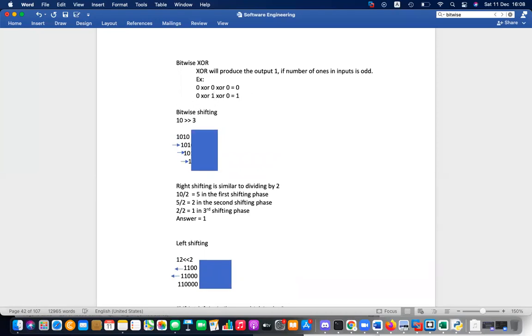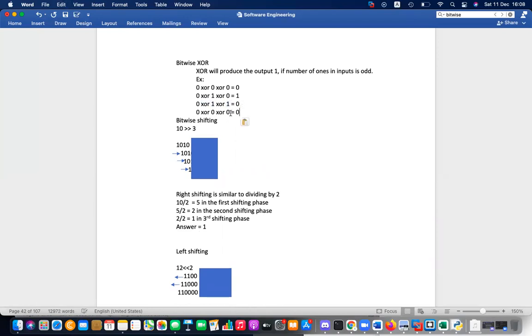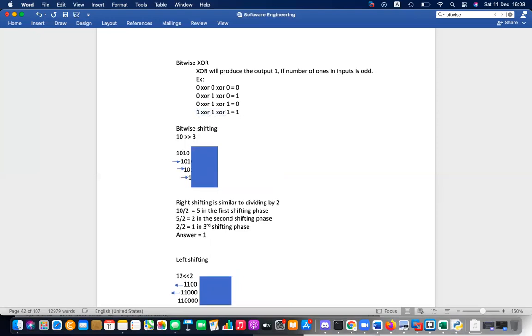Then if you have 0 XOR 1 XOR 1, it is 2 ones. 2 means even. If it is even, it is 0. But if you have 1, 1, 1, now you have 3 ones. 3 means odd. Odd means 1. So 0 ones is 0, 1 is odd so 1, 2 means 0, 3 is again odd, it's 1.